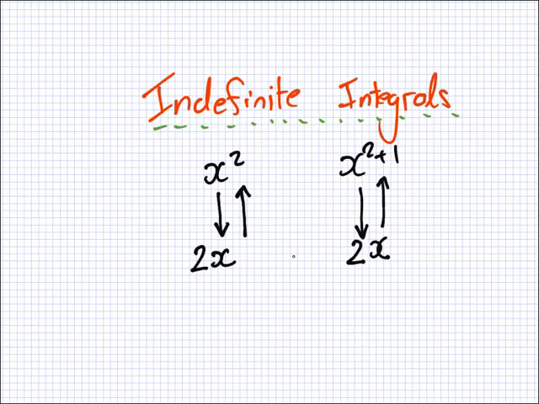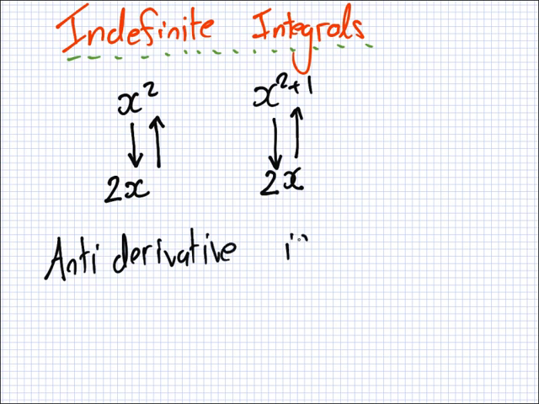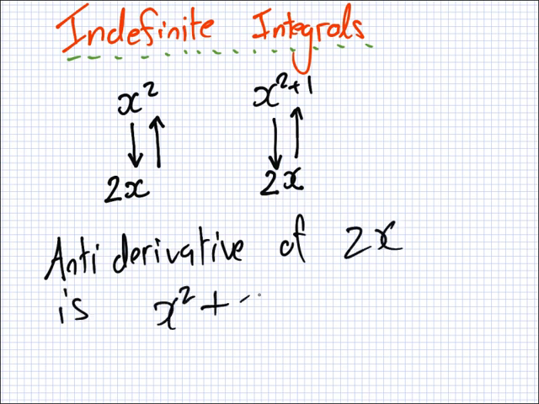So in this example here, we say the antiderivative of 2x is x squared plus a constant.